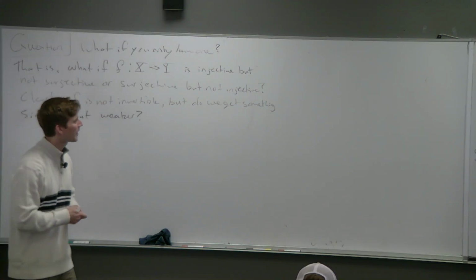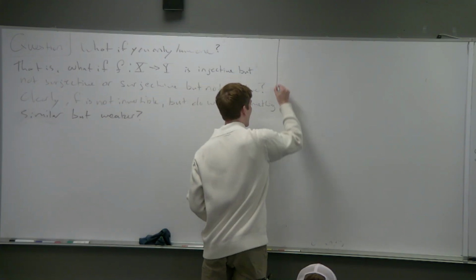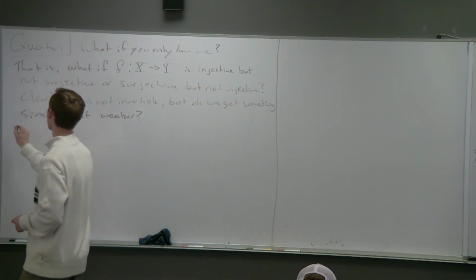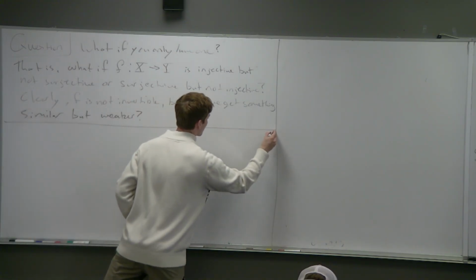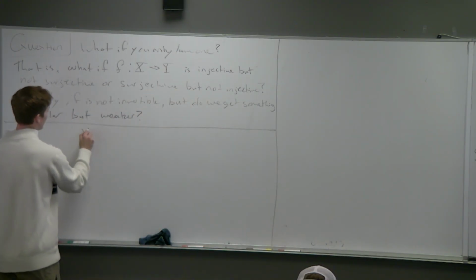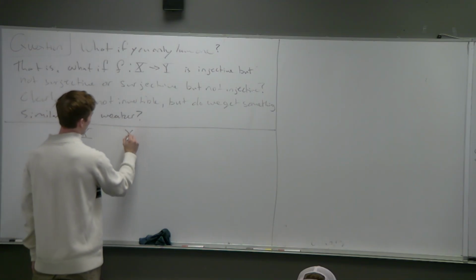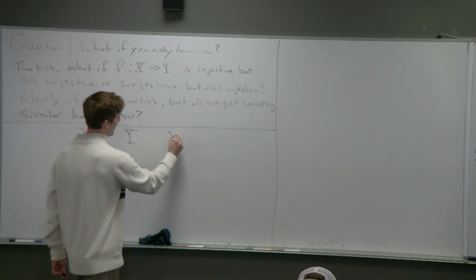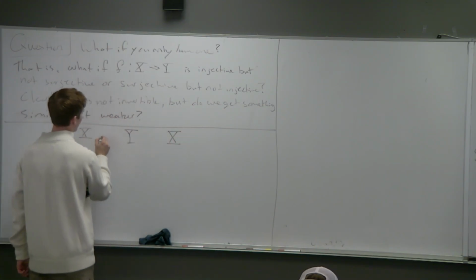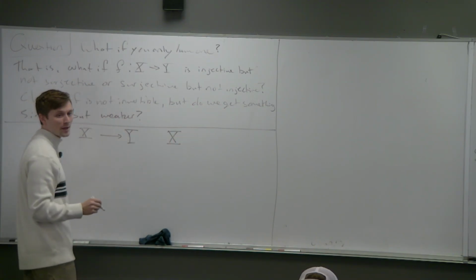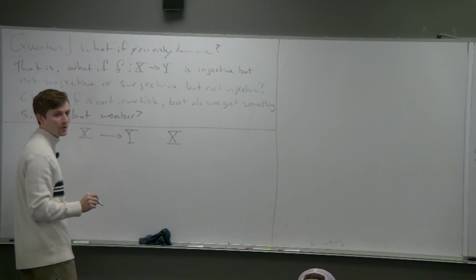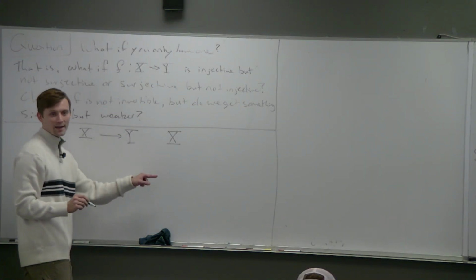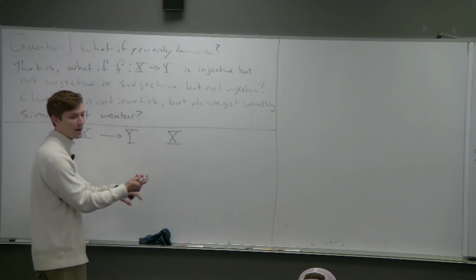Okay, here's the setup to put this in your head. Suppose we've got our set x, we've got our set y, and then we just duplicate our set x. Now, usually, if we have an inverse, we would expect to be able to take y back to x just by flipping the arrows around, right?